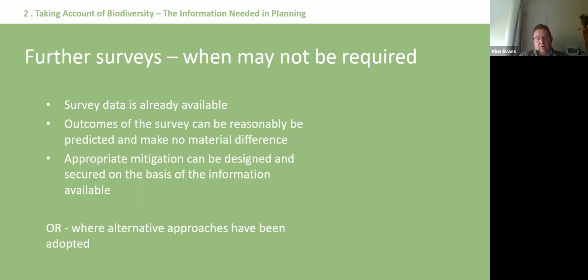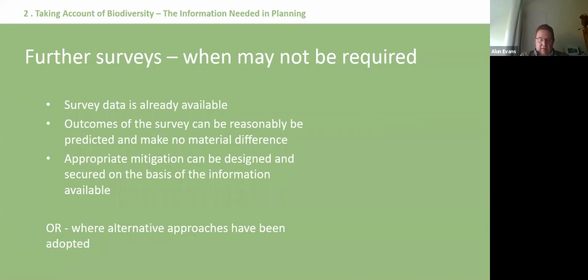Again, if you've got a small development and there's a loss of a few conifer trees, with a potential for breeding birds, asking for surveys in that instance is probably not defensible, and it's not going to make any material difference.